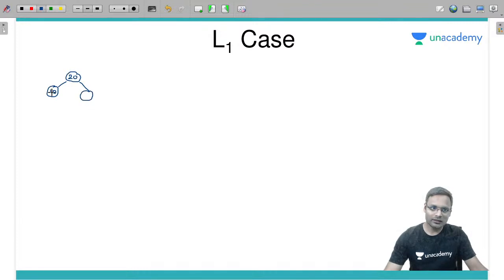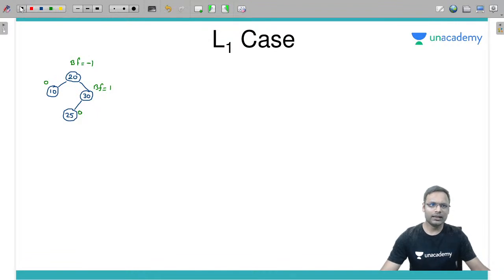We have to finish off 10. 30 and here we have 25. So this is the balanced tree. Yes, balance factor here 0. Here 0. On a leaf node the balance factor is always 0. What is the balance factor here at 30? 1 minus 0, 1. Balance factor at 20 is 1 minus 2, minus 1.